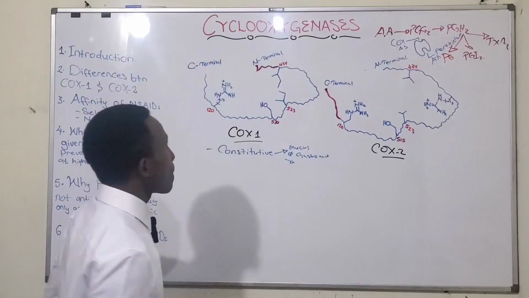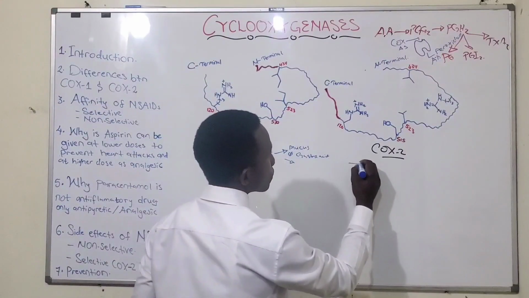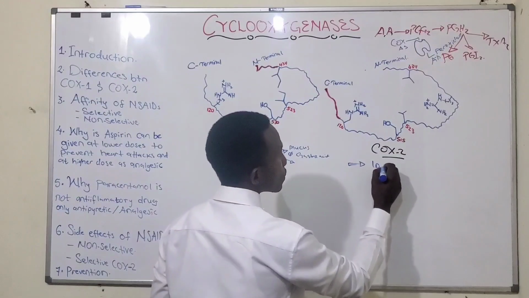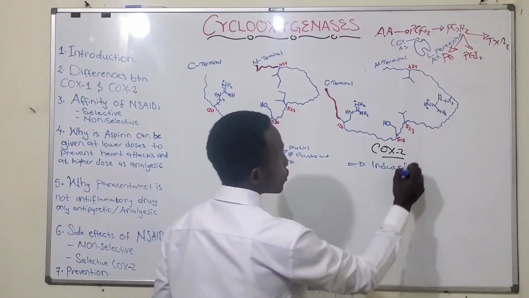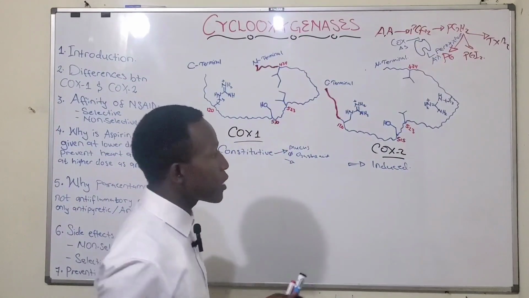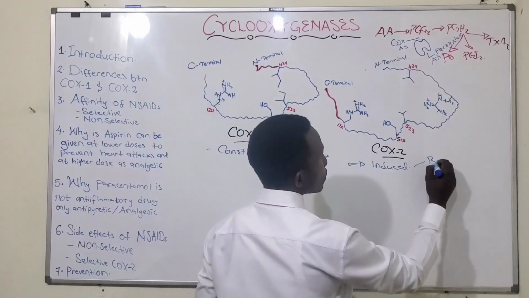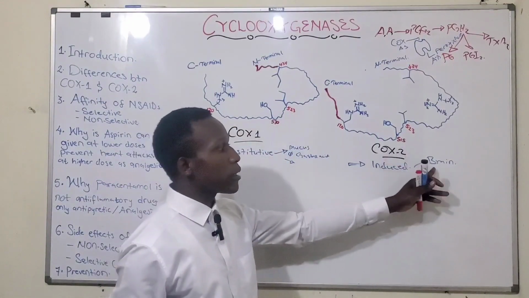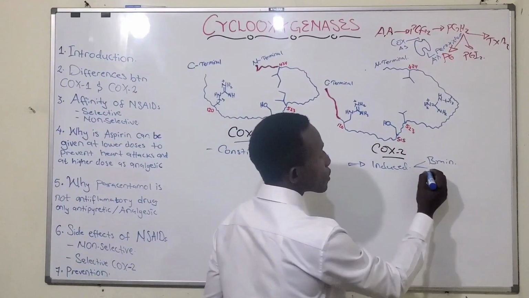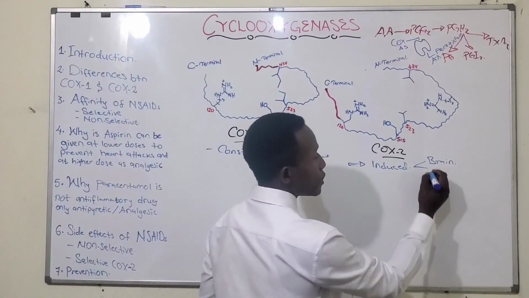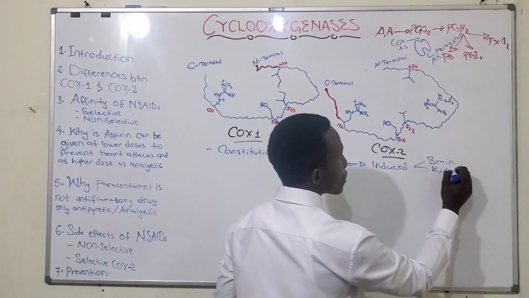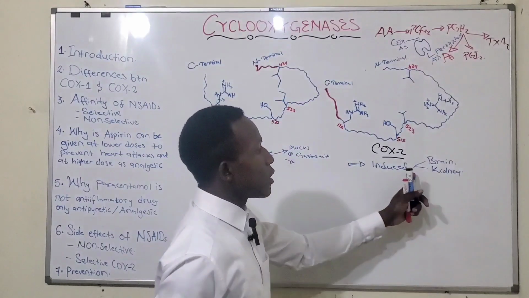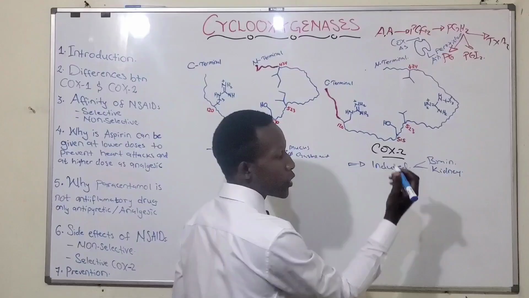This is COX1. But COX2, mainly it is induced, apart from a few areas. For example, in the brain, it can be constitutive, always there in the brain. Then some parts of the kidney. In the kidney, it leads to the urine flow, the urine output.